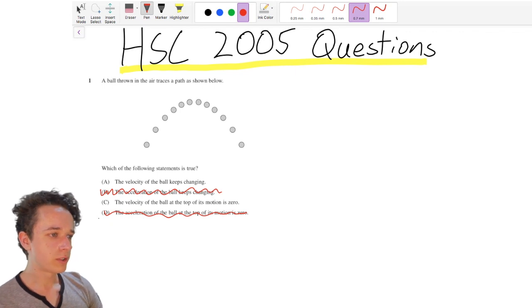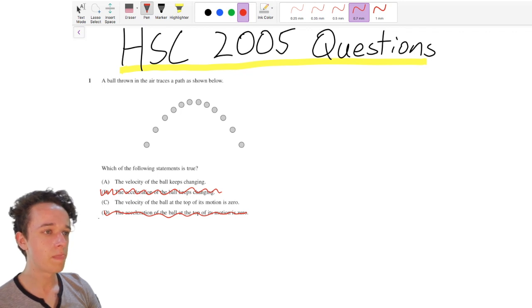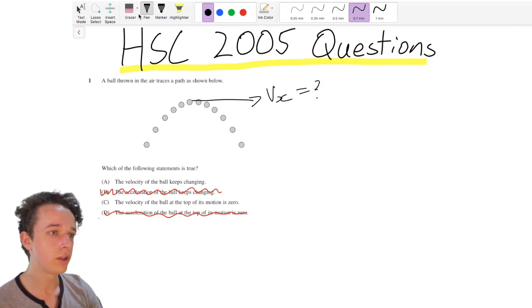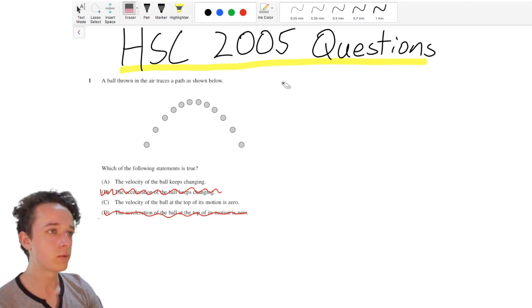Let's look at option C. The velocity of the ball at the top of its motion is 0. So you might be tempted to select that one, but it's wrong because although the velocity of the ball in the y component at the top of the motion is 0, it still has some velocity in the x component, right? So the overall velocity will still be greater than 0.